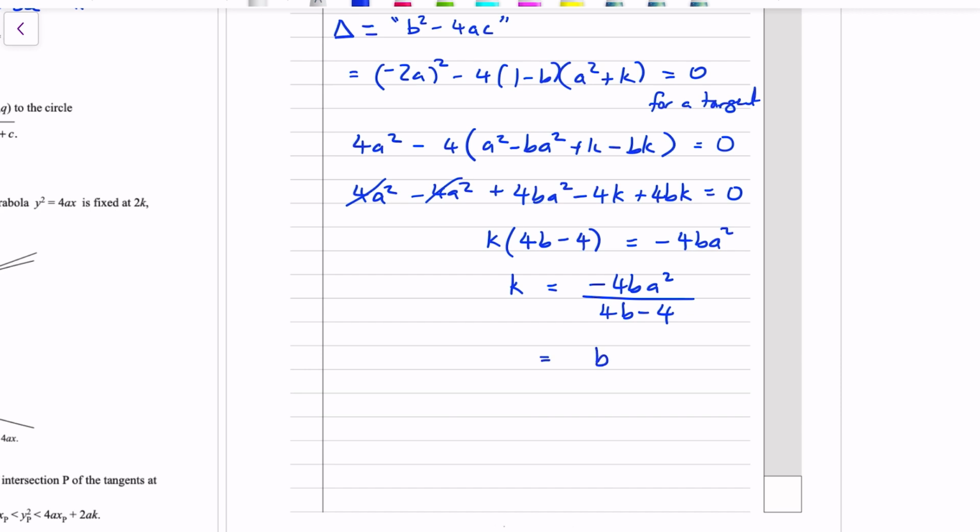That will leave us with ba squared on top. It will leave the bottom as 1 minus b. Okay, and that's pretty tidy. I don't think I can do any more simplifying of that.